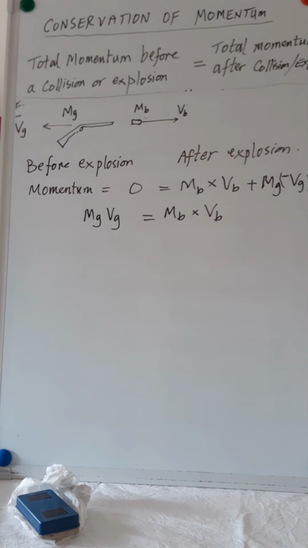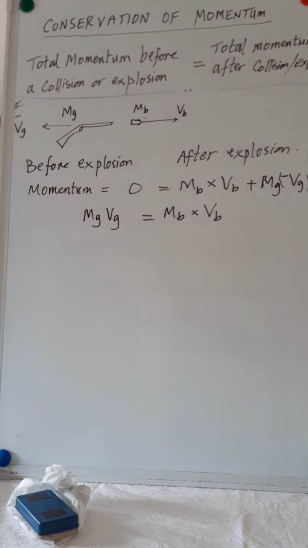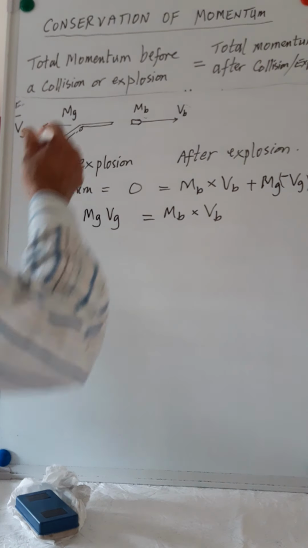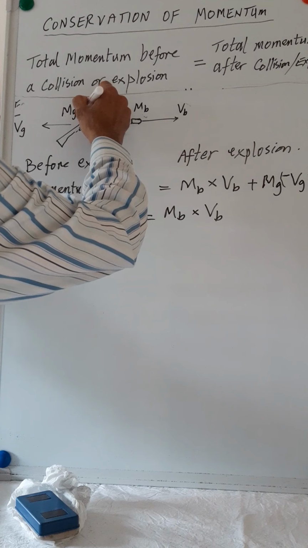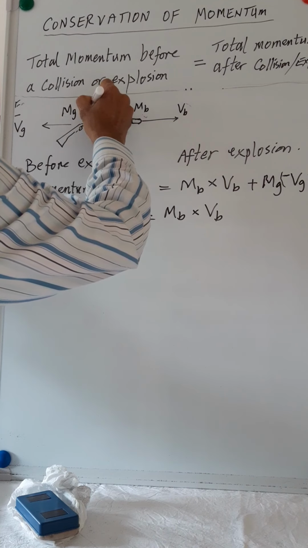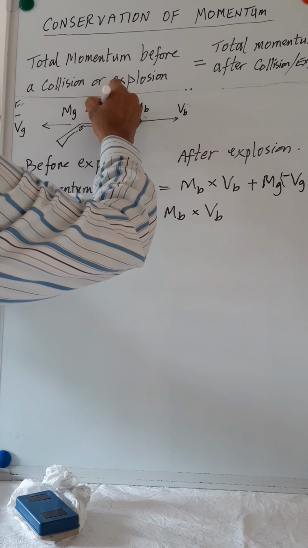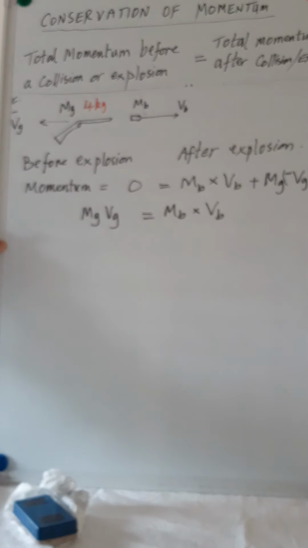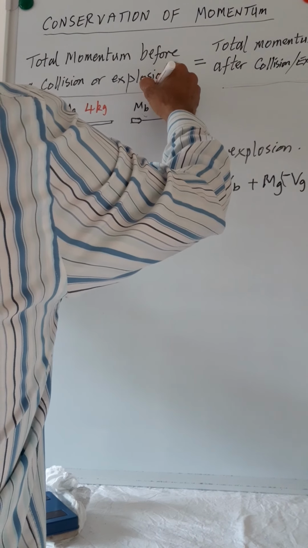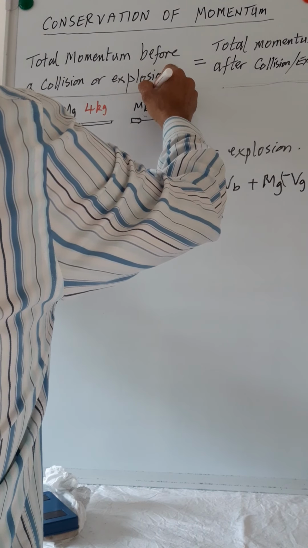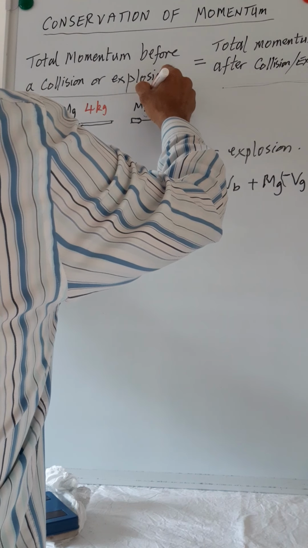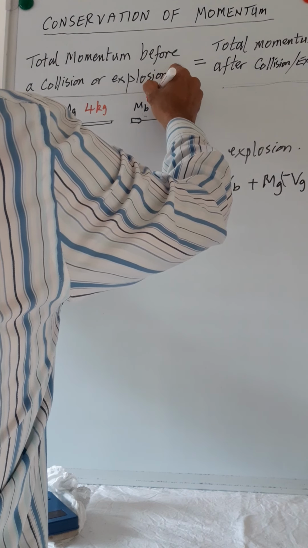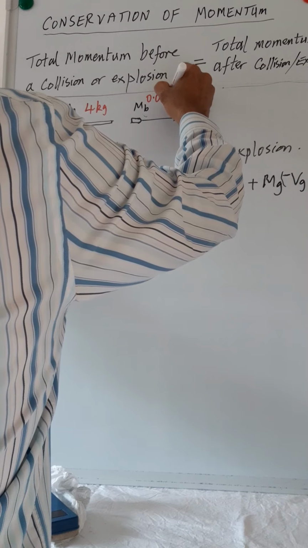Now, to illustrate this, suppose the gun has a mass of 4 kilograms. The bullet has a mass of say 20 grams, which is 0.02 kilogram.